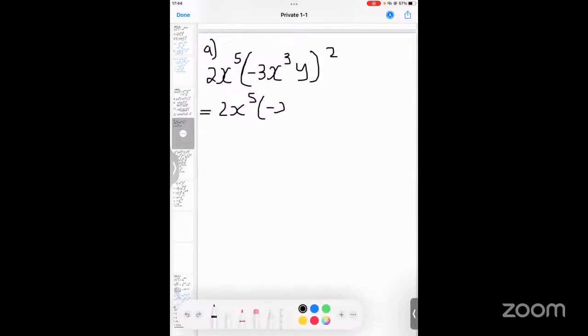Okay. Negative 3x. Okay. Then 3 to the power of 3 times 2. Then next write y to the power of 2. Close bracket. Next you write 2. Yes. Next you write negative 6.